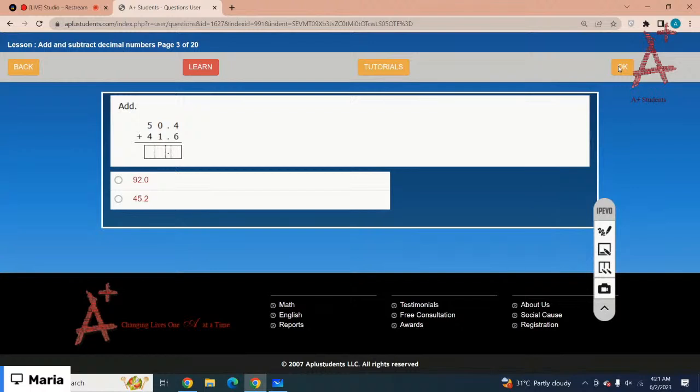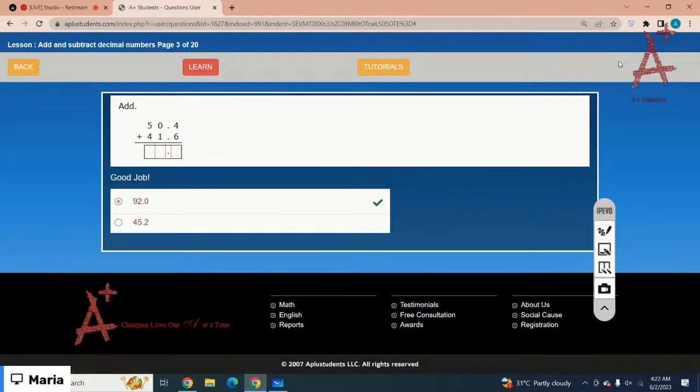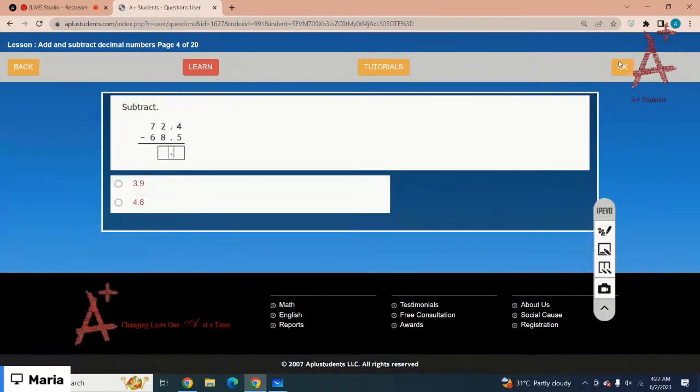Okay, 50.4 plus 41.6. So which is the correct option? Okay, now you have to add. 6 plus 4 is 10. 0 and 1 carry. 1 plus 1 is 2 and 5 plus 4 is 9. That would be 92.0. The correct option is very good, 92.0. Okay, subtract 72.4, take away 68.5.